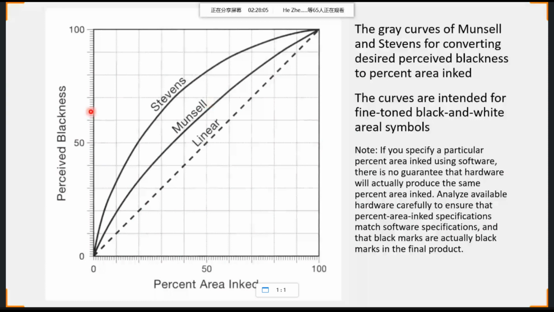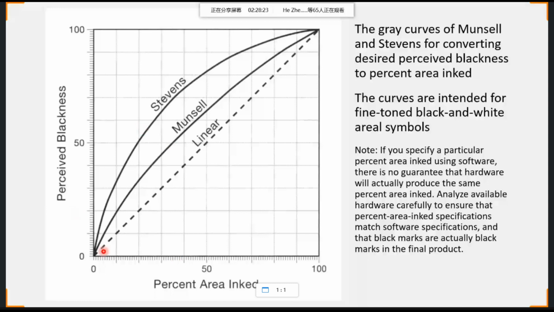And if you want to have the impression of 50%, you have to ink about 35%. And these two curves are also different, of course. So under different situations, they got different results.